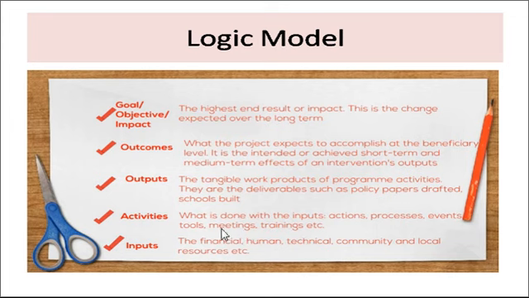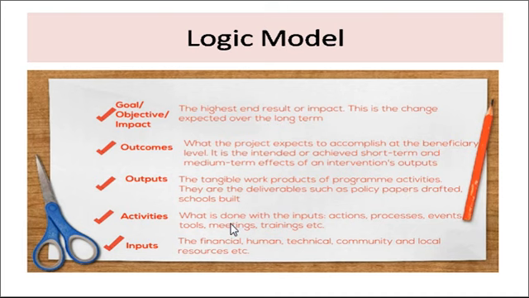It is a pamphlet distribution, it is a training, whatever activity is done with the different resources which have been invested. Now the activities lead to outputs. Outputs are the immediate results achieved at the program level through the execution of the activities. Now the outputs are at the program level. That means the tangible work products of program activities.